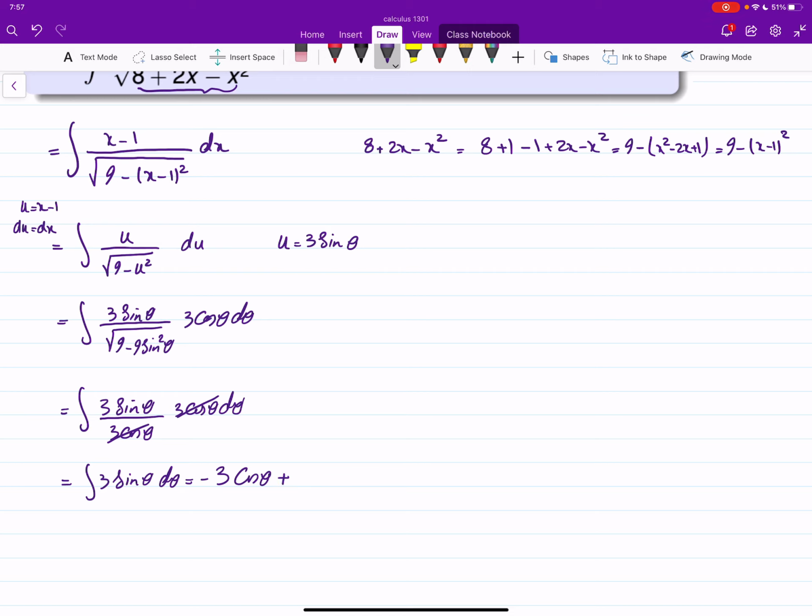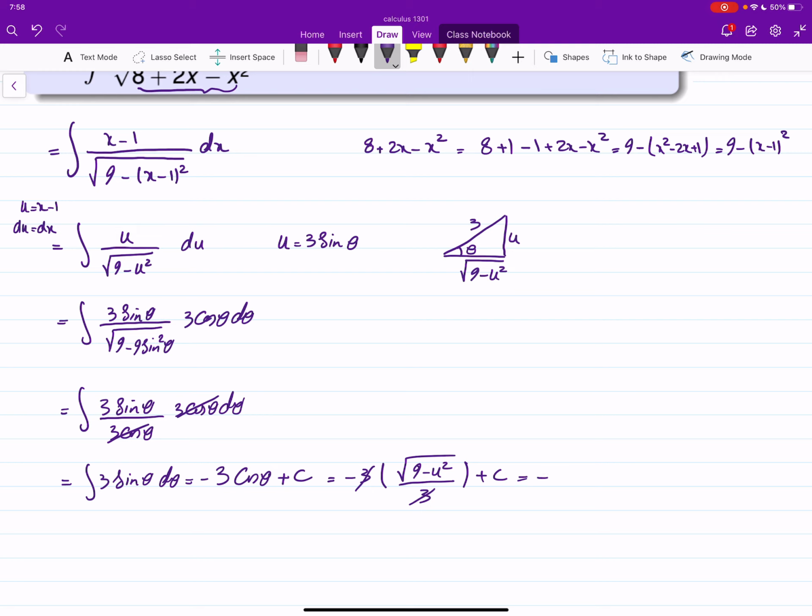Now you can use the fact that theta, this is u, this is 3, so the cosine will be root of 3 squared minus u squared over 3, adjacent over hypotenuse. So I will do minus 3 times that, so the 3 cancels.